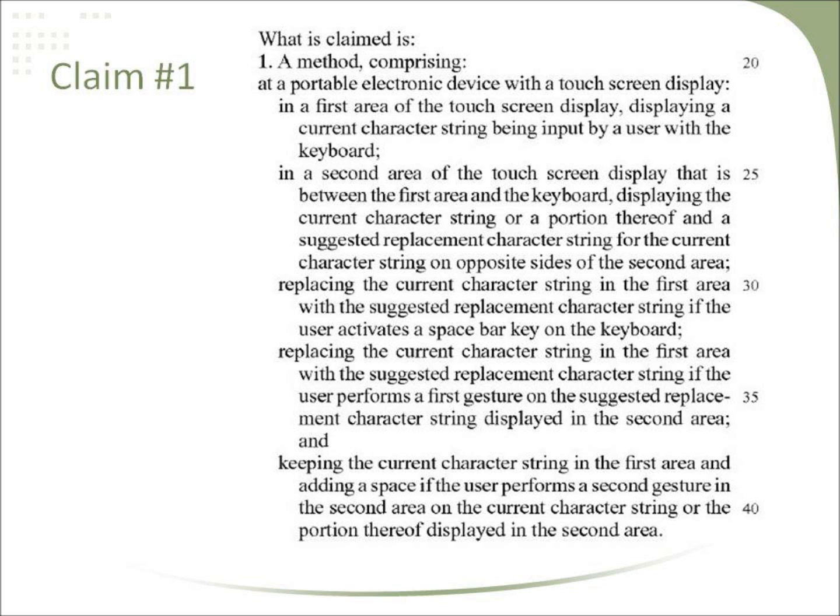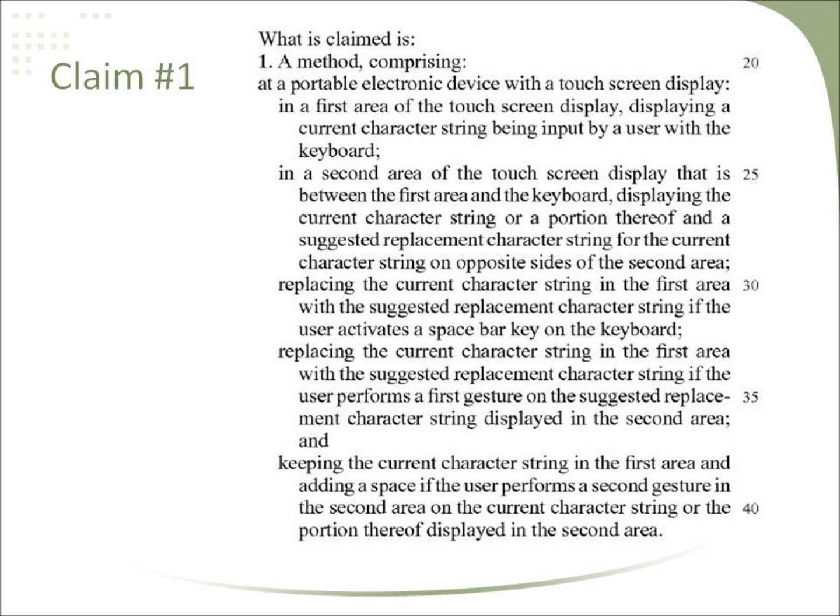And then on one side of the second area, it may show the entire string input by the user, or part of it. On the opposite side, it would display a suggested replacement character string.